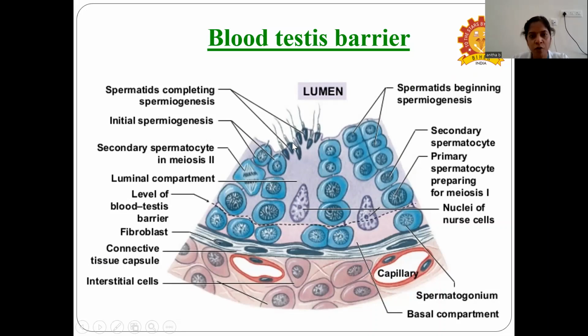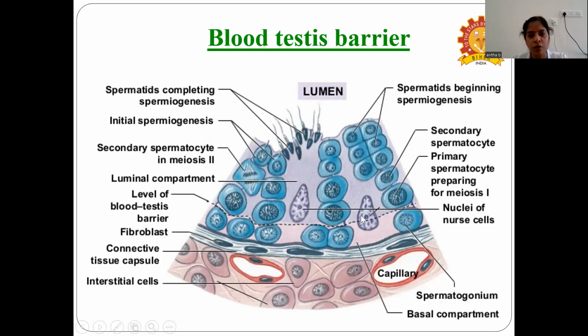So the newly formed sperms are not exposed to the immune system. They are separated from the blood system that contains the immune cells. If they were exposed, they would be considered foreign bodies, and within the vascular system cells would produce antibodies. These would agglutinate the sperms, resulting in infertility.